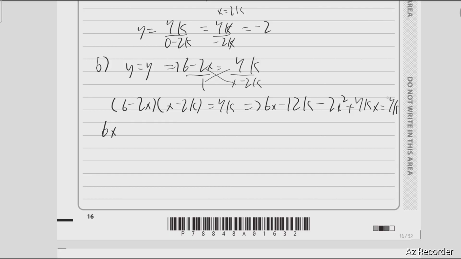So moving the 4k to the other side, 6x minus 12k minus 2x squared plus 4kx minus 4k equals 0.